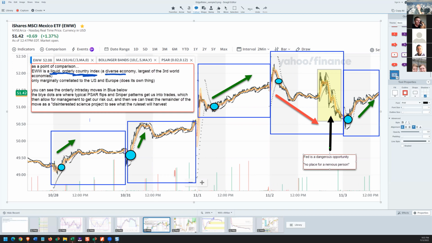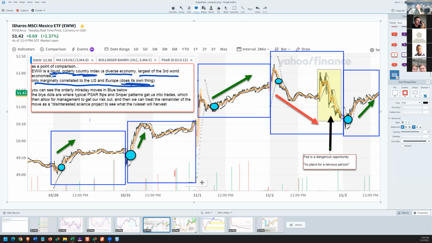It's a country index, and that country of Mexico has a very diverse economy. It's the largest of the third world economies, so it's actually pretty large, and it's only marginally correlated to the US and Europe, so it does its own thing, and it has its own currency to push it around, and you have futures and options as well as the peso to trade.